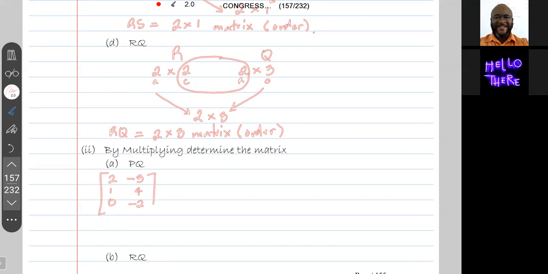This is P multiplied by Q. Q is minus 2, 1, 3, and 4, 0, minus 1.